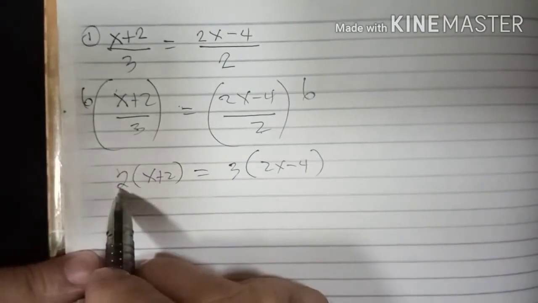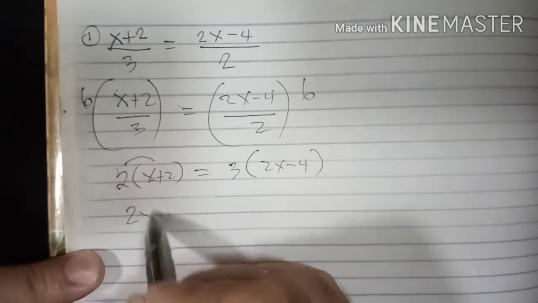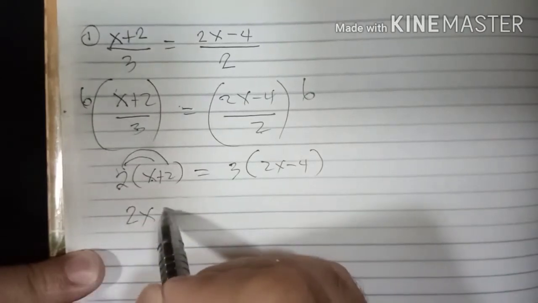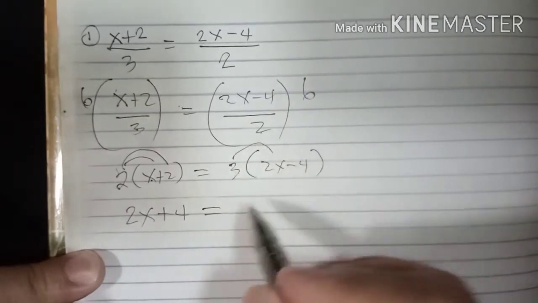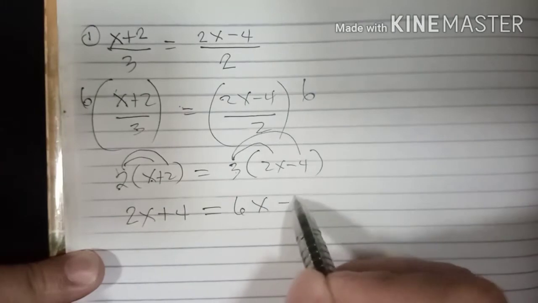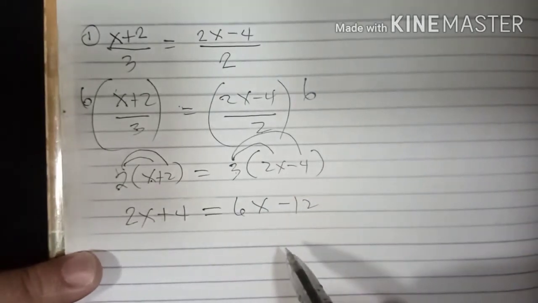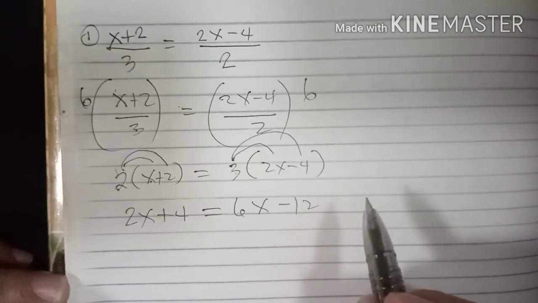Now we have 2 times x, that's 2x, then 2 times positive 2, that's positive 4, equals 3 times 2x, that's 6x, and 3 times negative 4, that's negative 12. Okay, now we could use the addition property of equality.